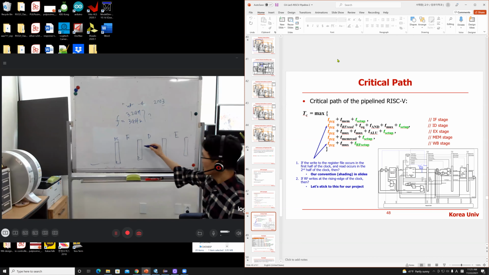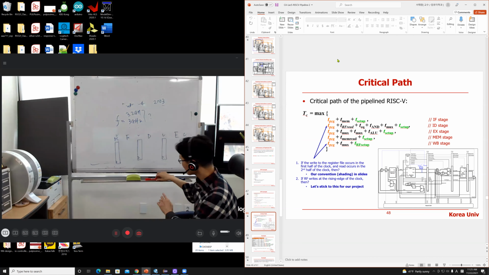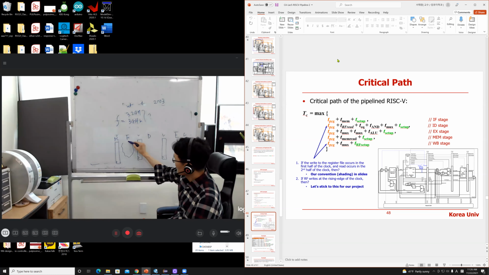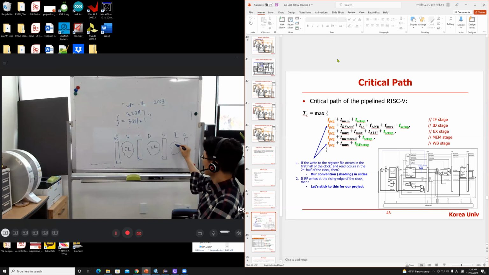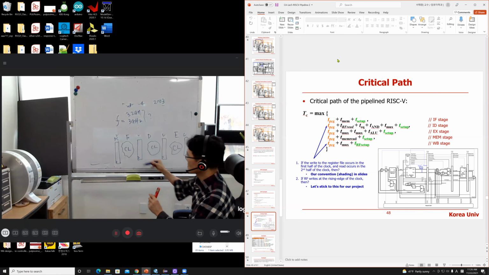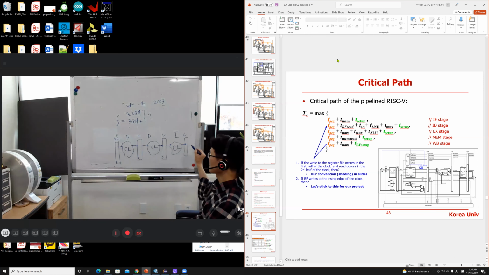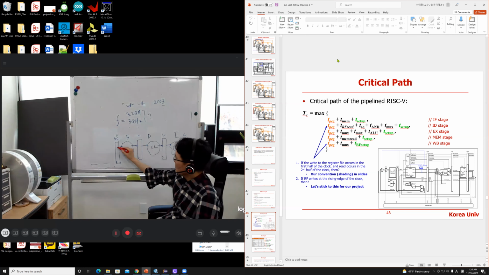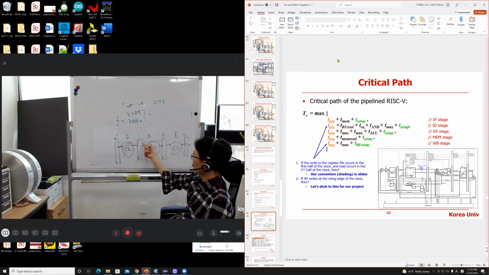So we have flip-flops, and in between these, you have some digital logic, which is combinational logic. That is pipelining. So what you have to do is evaluate the delay, this delay, and also from here to here, how long it takes.